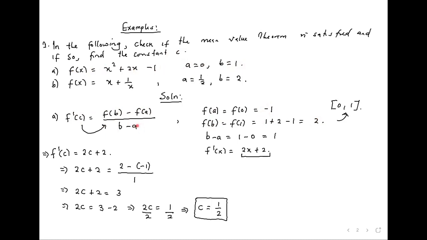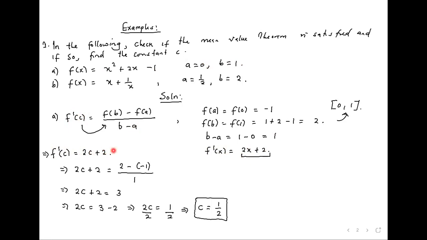Then b minus a, so 1 minus 0, you get 1. Then f prime is 2x plus 2. f prime of c: where there is x, you put a c.